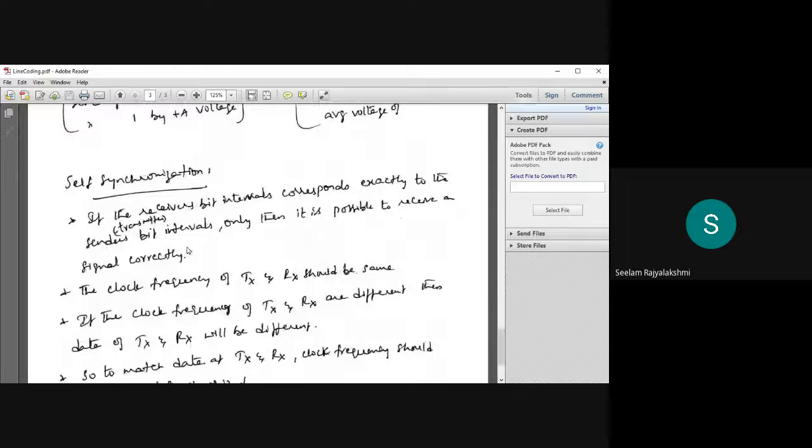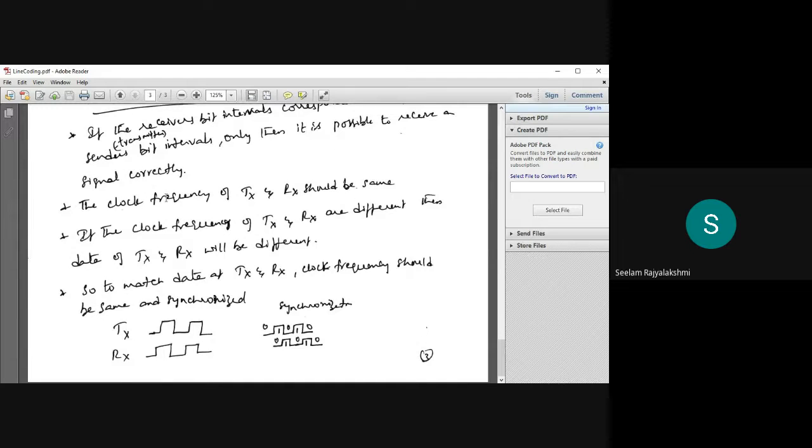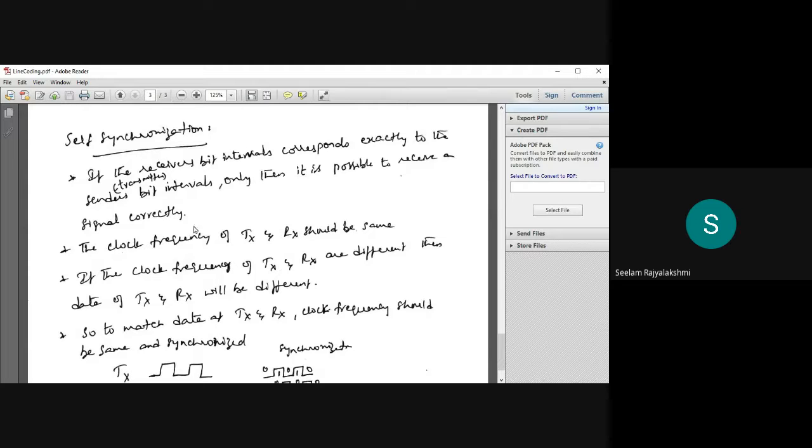Now next let us see self synchronization.